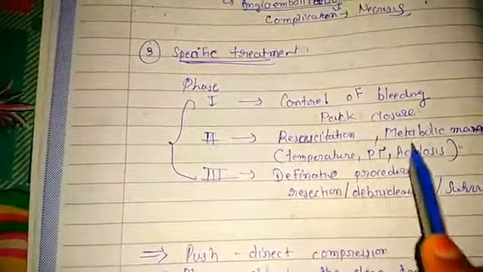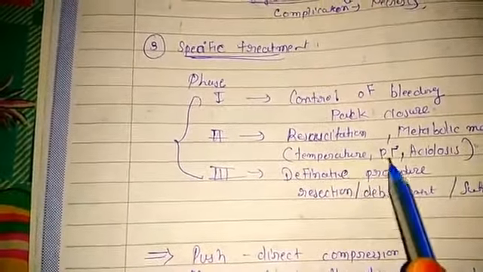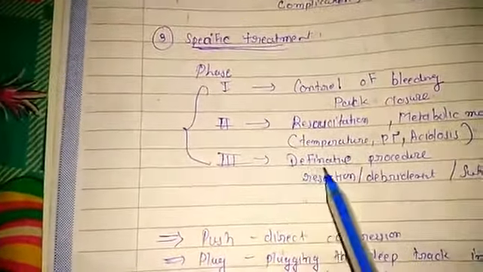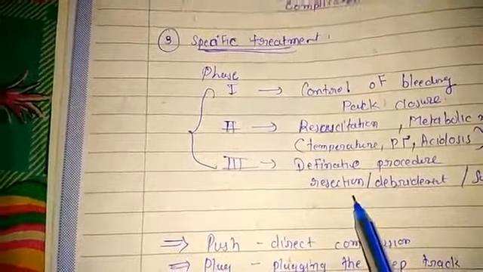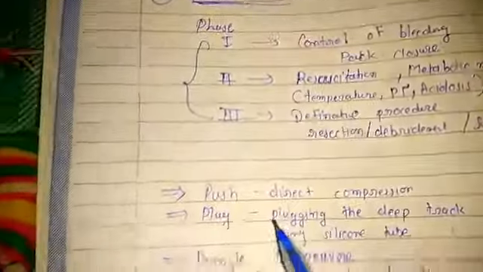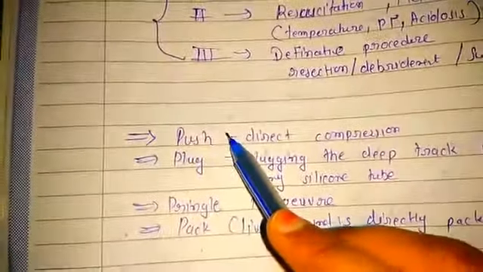Then resuscitation and metabolic management: temperature, PT and acidosis should all be managed. Then the third step is the definitive procedure: resection or debridement or suture can be done.